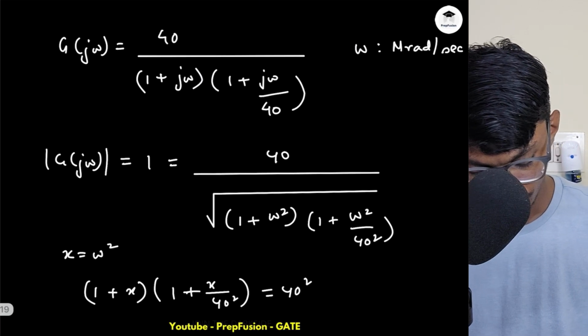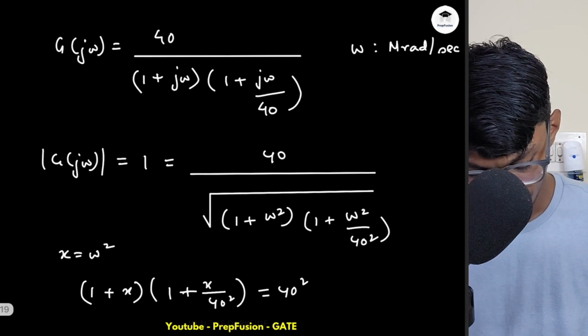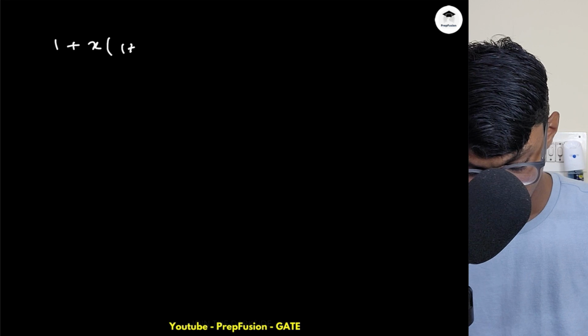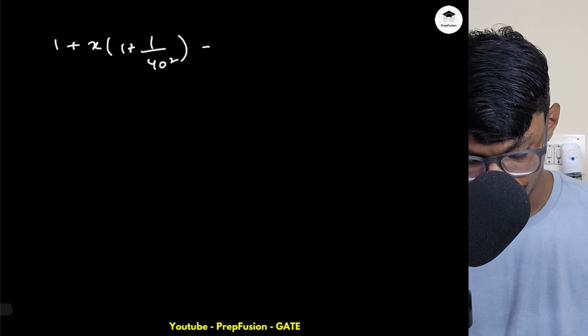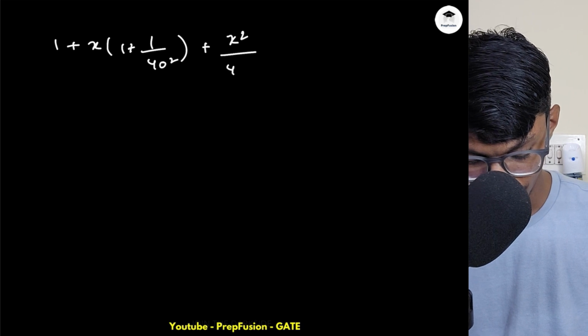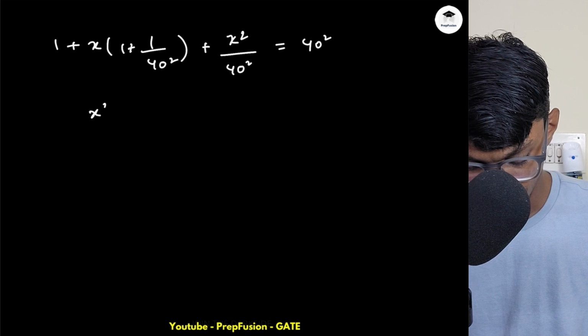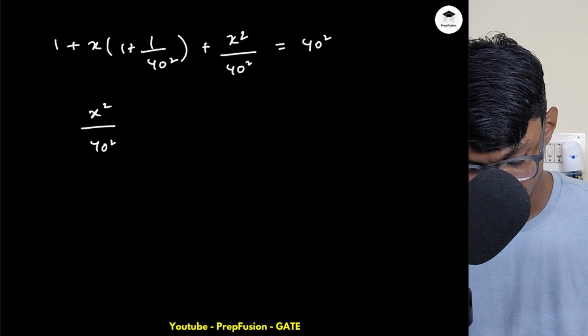So what I can do, again do the same approximation, right? If I do the same approximation, this will be 1 plus x into 1 plus 1 by 40 square plus x square by 40 square equals 40 square. So your x square by 40 square plus x minus 40 square equals 0.